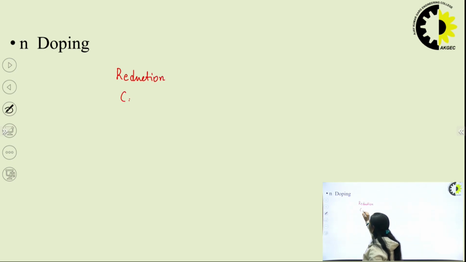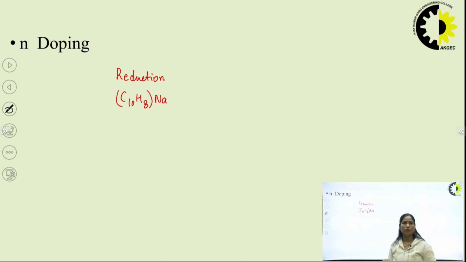This reduction can be done in the presence of some reducing agent. This is the example which I named, sodium naphthalide. N-doping means a reduction process. This reduction can be done by a compound like sodium naphthalide, which is a reducing agent.